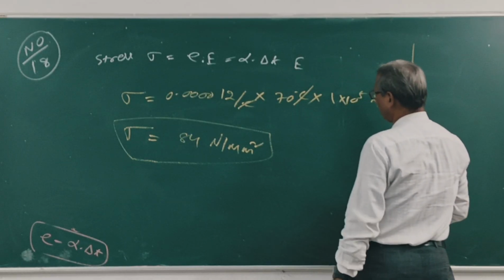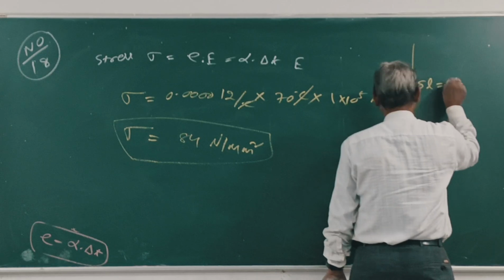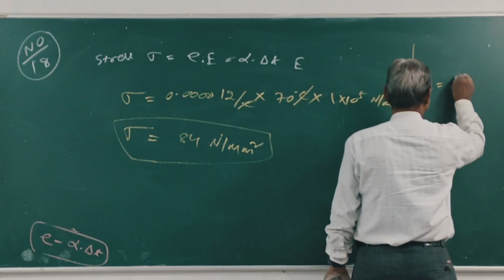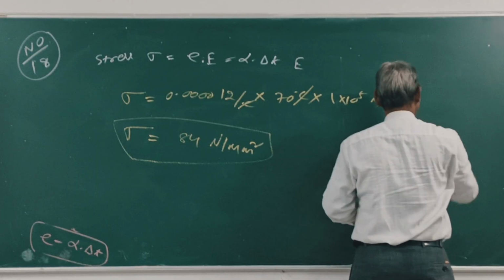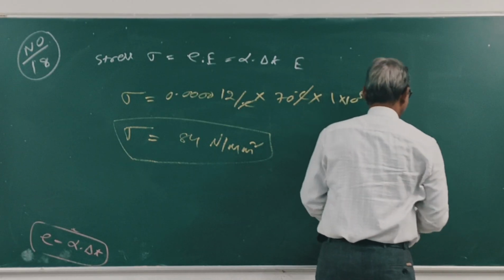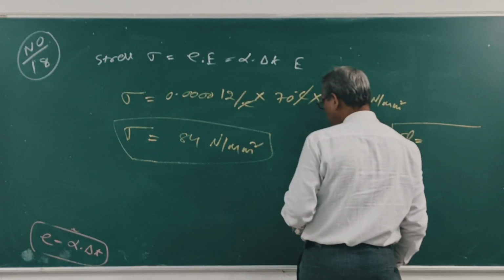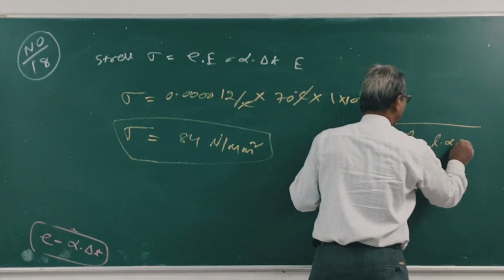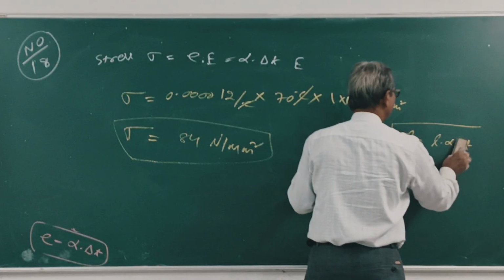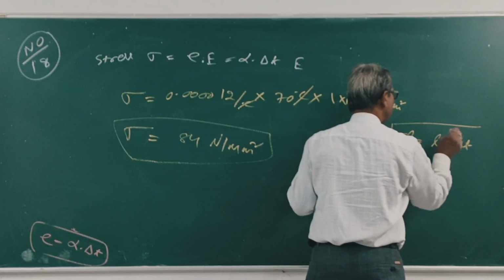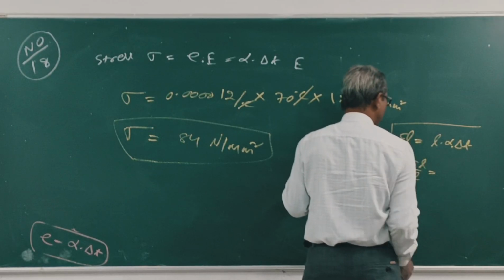So use the formula in this problem. Use the formula delta L is equal to L alpha delta T. Use the formula delta L is equal to L alpha delta T. Strain is equal to delta L by L. Clear?